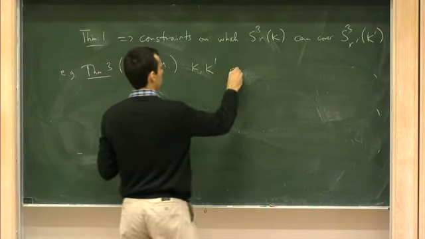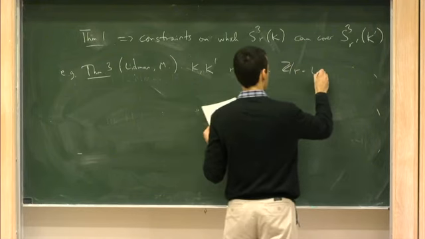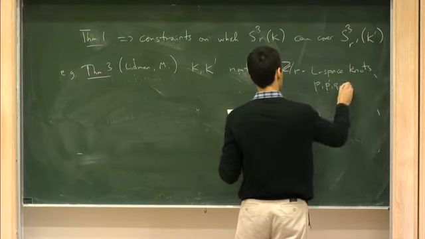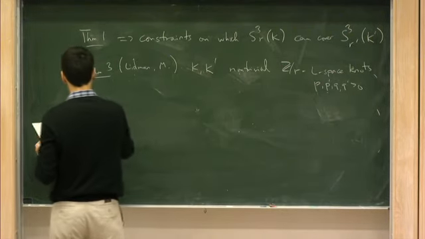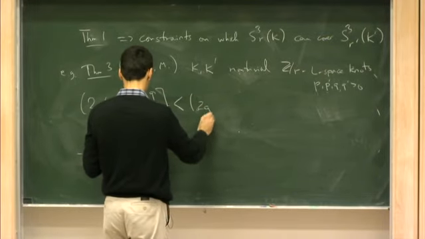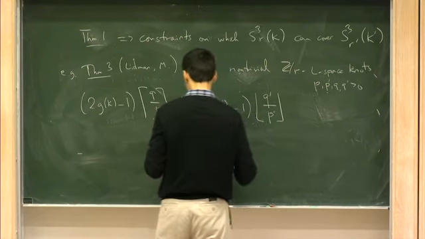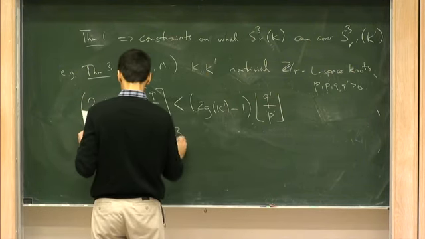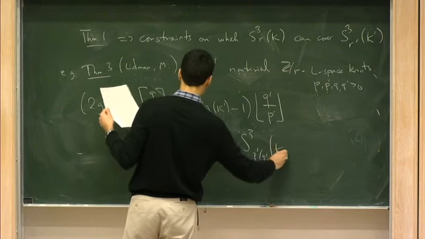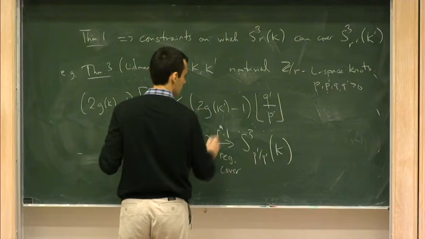If K, K prime are non-trivial Z mod p L space knots, p, p prime, q, q prime greater than 0, and twice the genus of K minus 1, the ceiling of q over p, is less than twice the genus of K prime minus 1, the floor of q prime over p prime, then there exists no regular cover of order r to the n, where r is a prime.